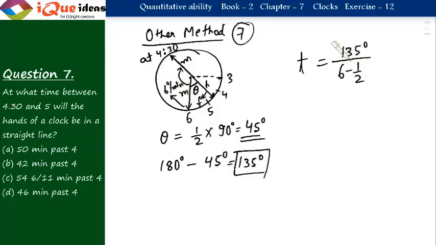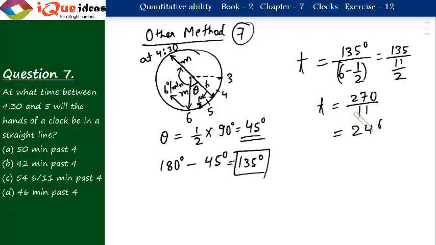So 6 minus half is 11 by 2, so it is 135 divided by 11 by 2. So time is equal to 270 by 11. If you divide, 11 2s are 22, then 5 4s are 20, so 24 6 by 11 minutes.